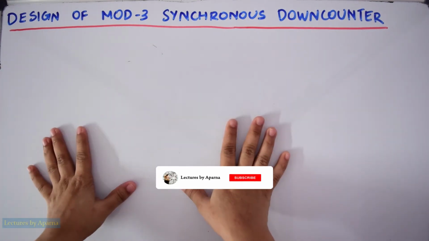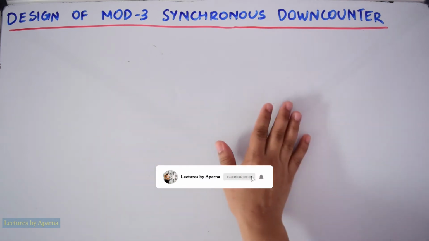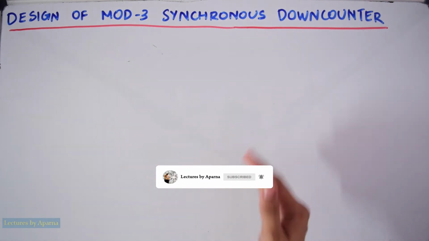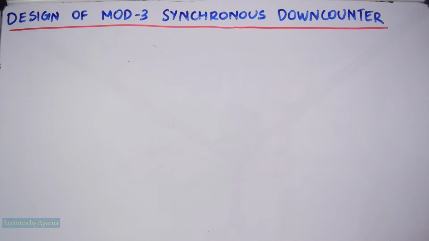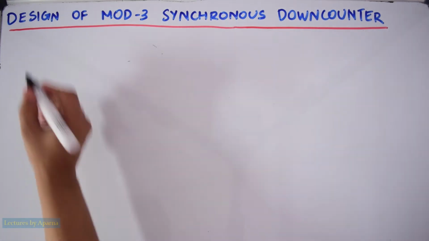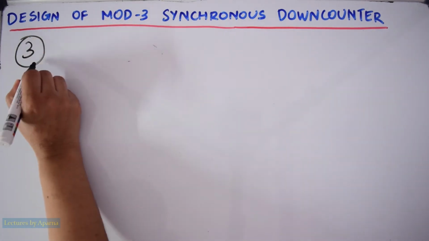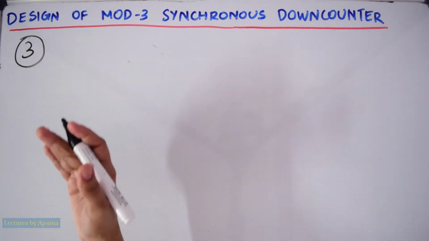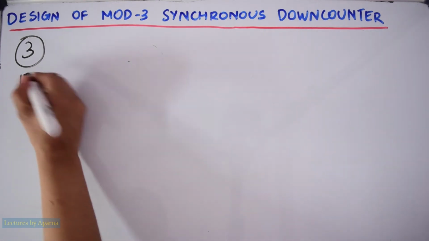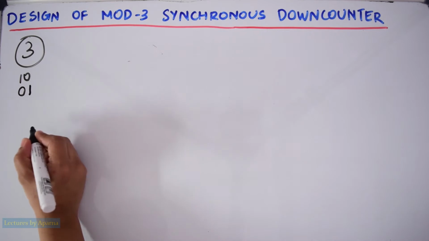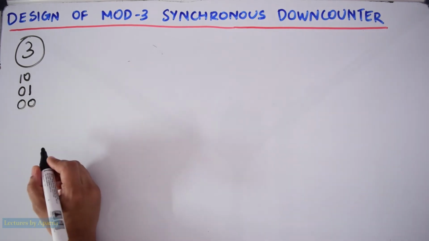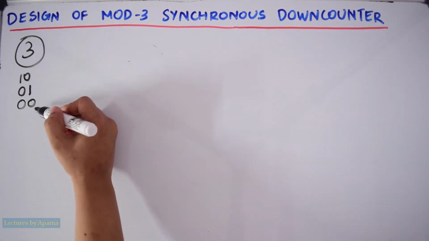Today we will discuss the design of Mode 3 synchronous down counter. Mode 3 means number of states is equal to 3. There will be 3 states. Let the 3 states here be 1 0, 0 1, 0 0. This is counting downwards.